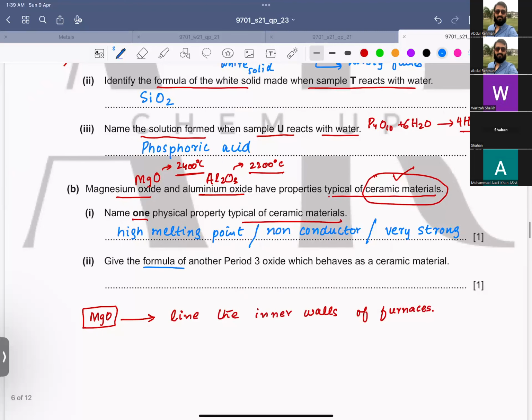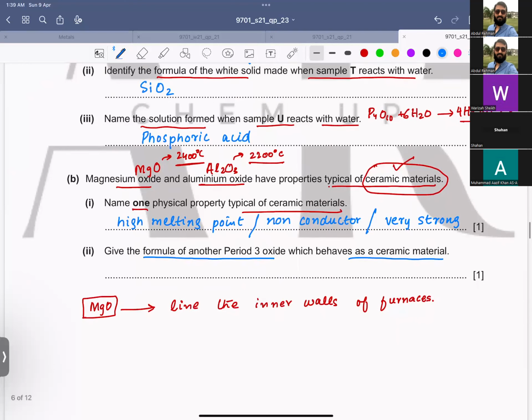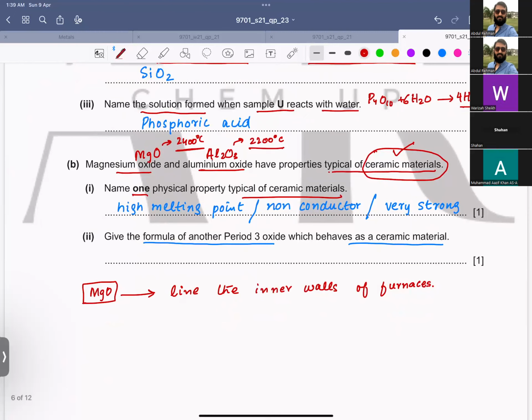Next, give the formula of another period 3 oxide which behaves as a ceramic material. In period 3 we have sodium, then magnesium, aluminium, silicon, then after silicon we have phosphorus and sulfur.